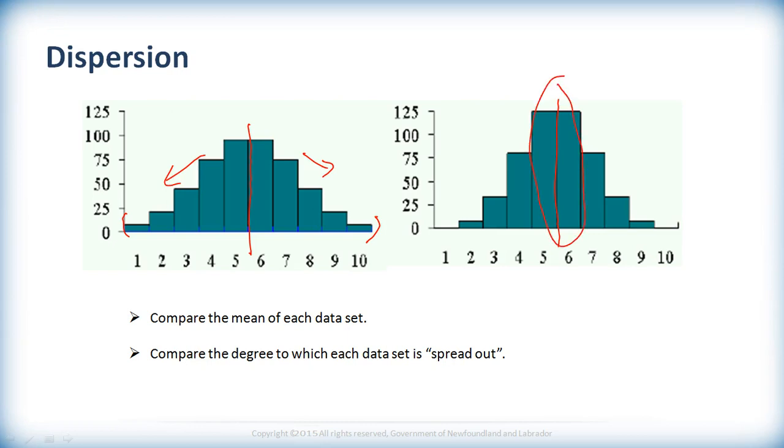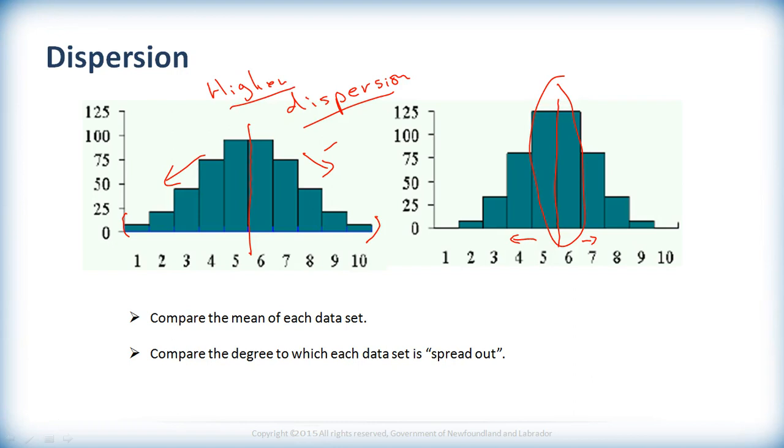There's still a little bit of spread on this one, but not nearly as much as in the first group. So we would say that the first group has a higher dispersion than the second group, and that's the statistical term for it. It's dispersion. So we have two things that we look at to analyze data so far: central tendency and dispersion.